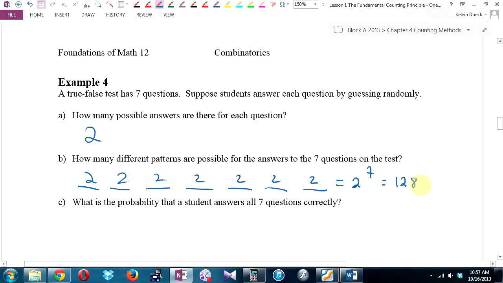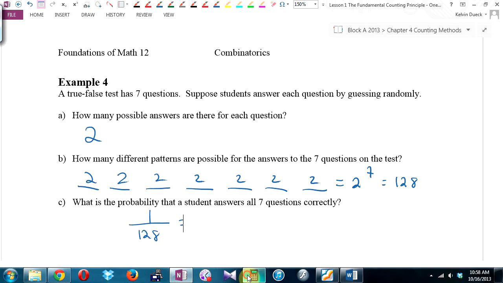That's how many different ways you could guess randomly. Of all of those, how many are perfect? Only 1. So what's the probability of getting perfect on a true-false test with 7 questions by randomly guessing? Only 1 out of those 128, which is what as a decimal?